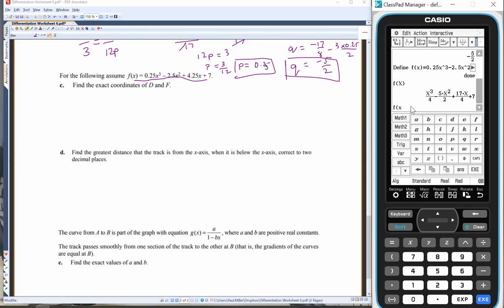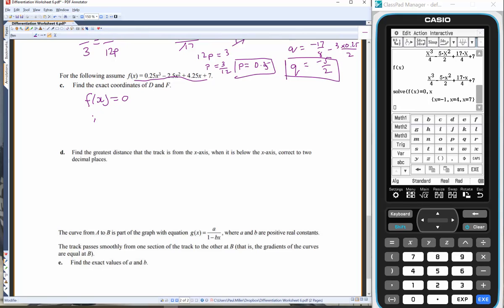Let's just have a look at it. That looks all above board. All right, find the exact coordinates. So what I'm going to do is solve f of x equals 0 for x, and we've got those 3 possible solutions. x is equal to negative 1, x is equal to 4, and x is equal to 7.